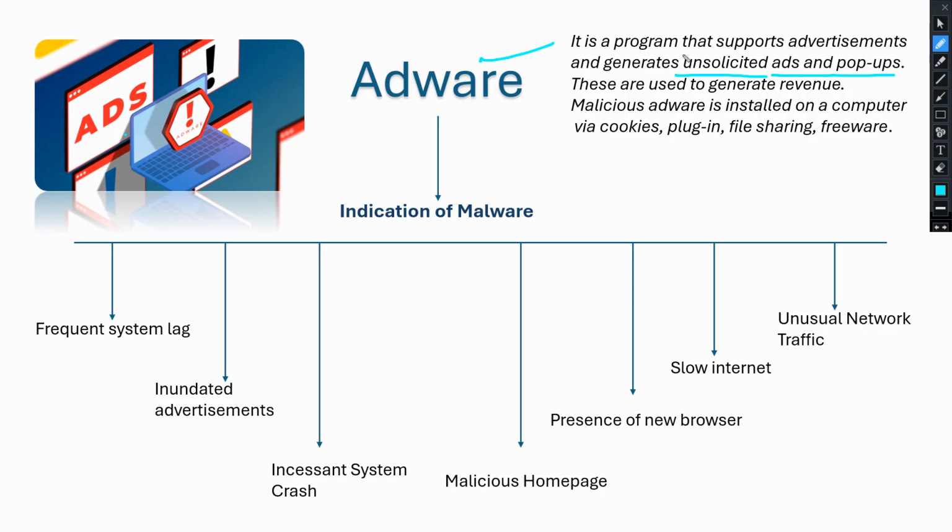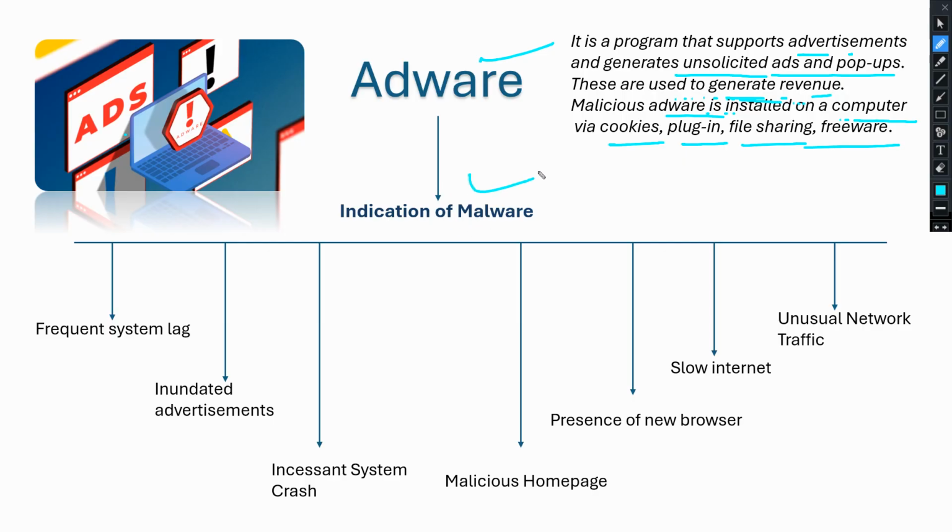It's a program that supports advertisements, generates ads and pop-ups. These are used to generate revenue. And malicious adware is installed on a computer via, attackers can add malicious adwares via cookies, plugins, file sharing, or freeware.